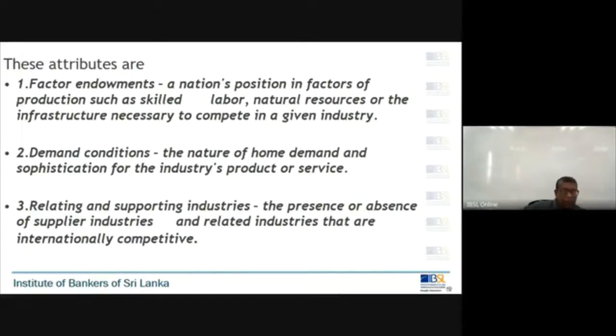Likewise, what are the basic factors? Then the demand condition. What is the home demand and sophistication for the industry's product life cycle? Now I want to tell you a story. If you want to buy something from Japan within the country, they are very quality products.